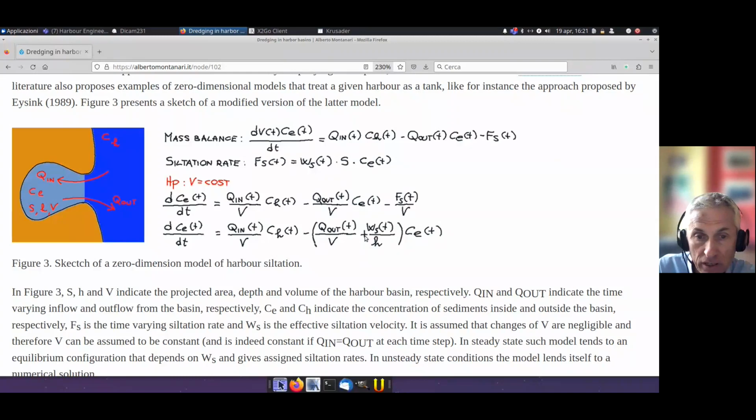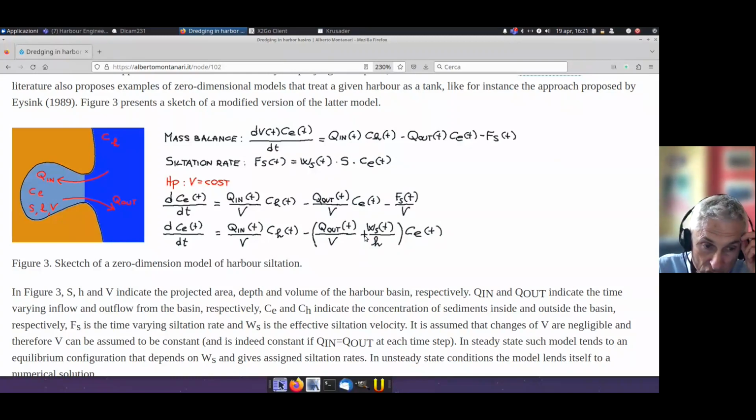So by putting together these two equations, what we obtain is the third handwritten equation, after the hypothesis of constant volume, which is written in red here.